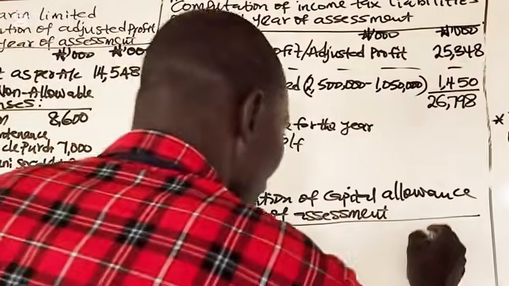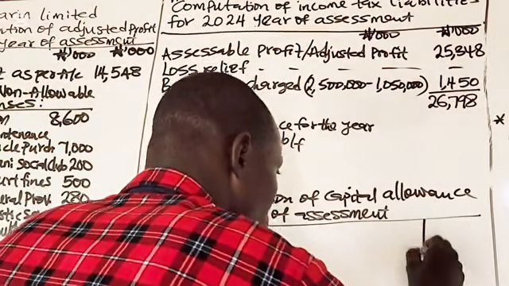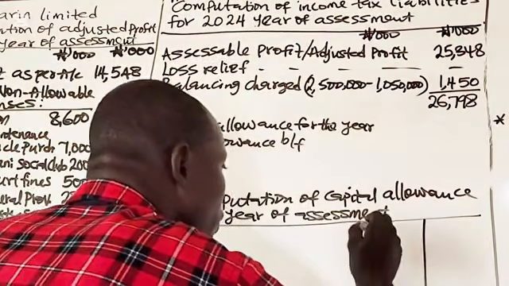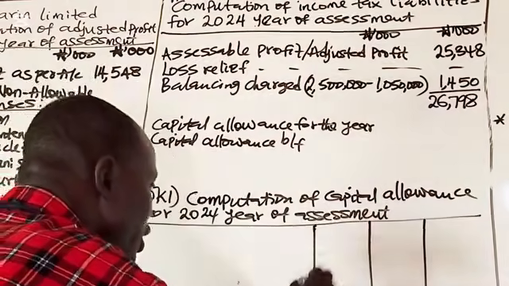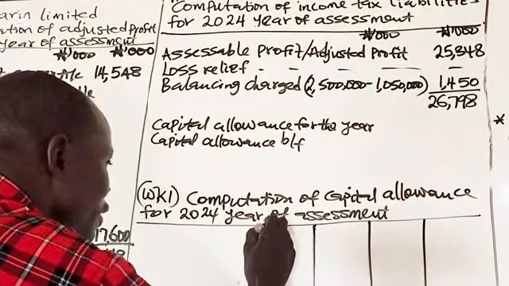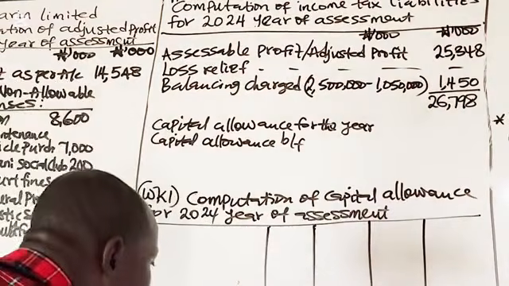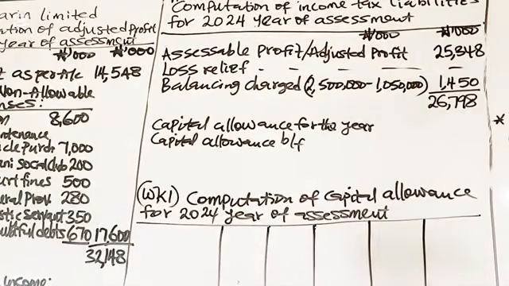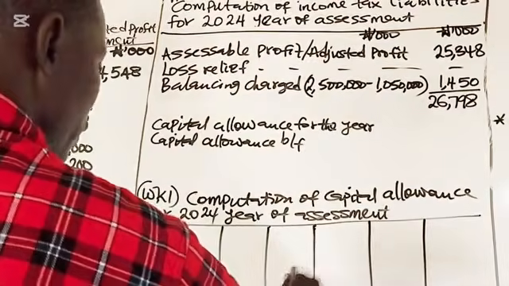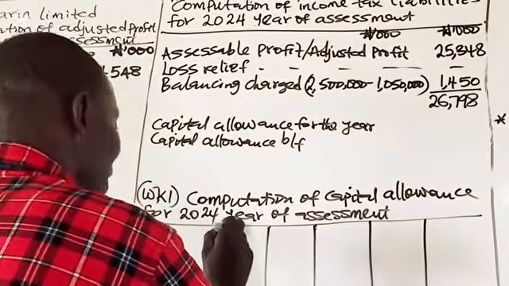So let's do 5 columns. 1, 2, 3, 4, 5. The first one is plant and machinery.